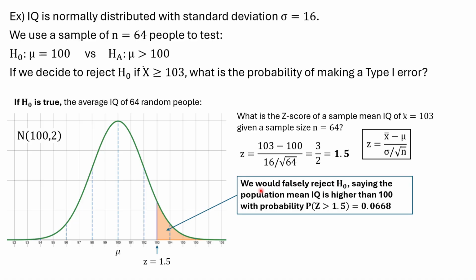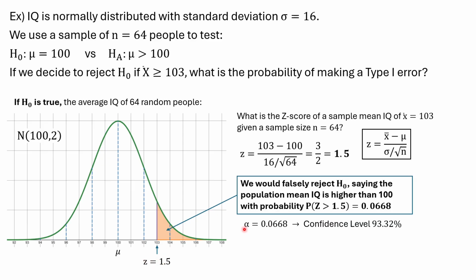So we would falsely reject the null hypothesis, saying the population mean IQ is higher than 100 from our sample being 103 or larger, with probability 0.0668, which is the probability that the z-score for the standard normal distribution is higher than 1.5.